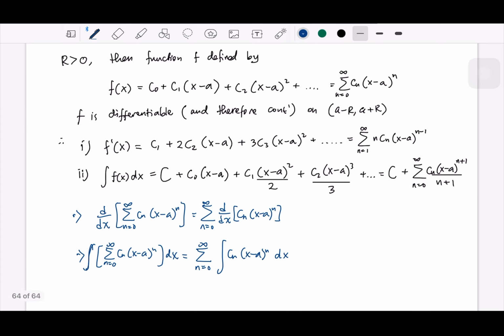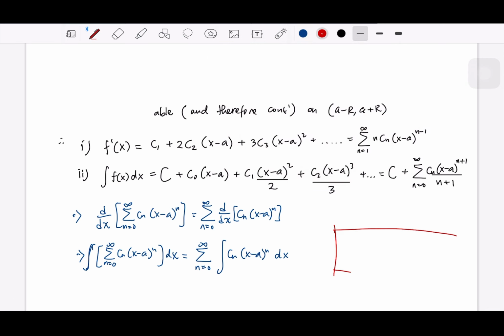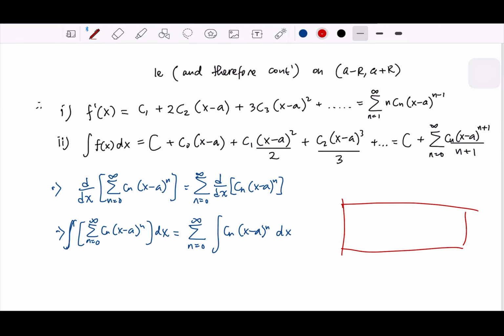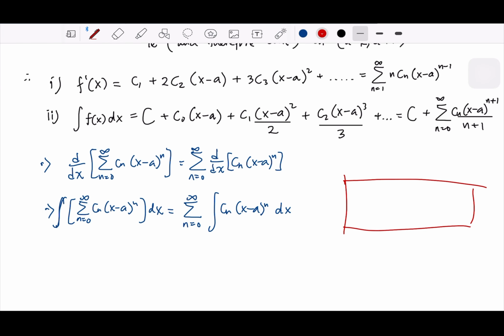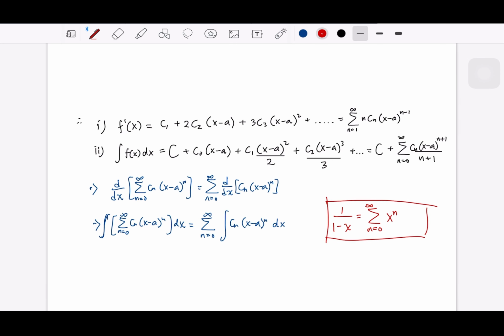So let me just write some notes. Still, the idea is 1 over 1 minus x equal to... why is it disappearing? Okay.